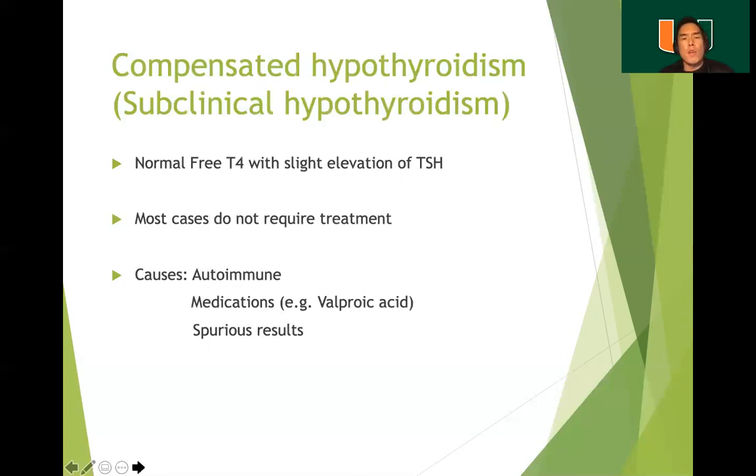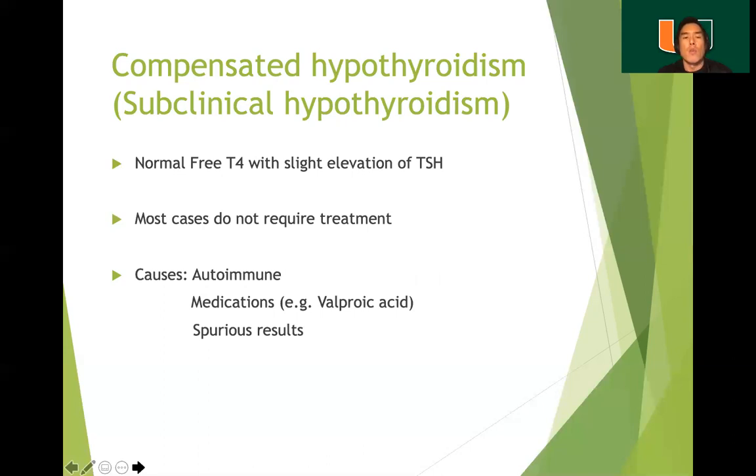Now, there is another condition that many of you have seen in the clinic. It's called compensated hypothyroidism or subclinical hypothyroidism. In this case, you have a normal free T4 with just a slight elevation of TSH.